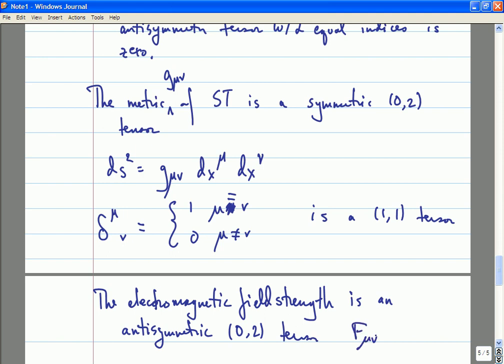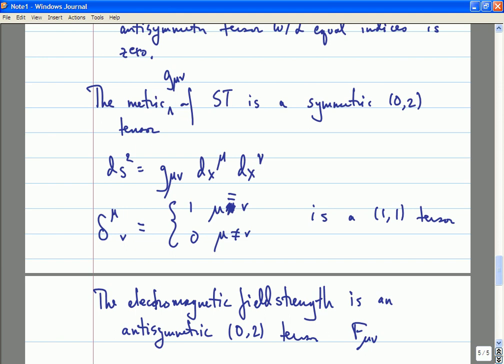F 0i is the packaging of the electric field, and Fij is the magnetic field, and you package it all together into a tensor, which is antisymmetric under the interchange of indices. We'll return to the electromagnetic field strength in a little bit.